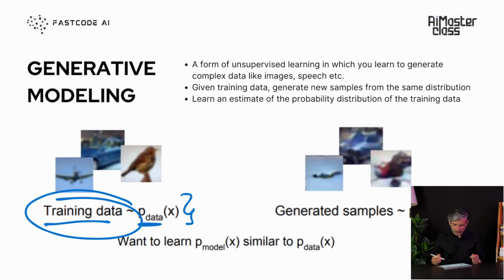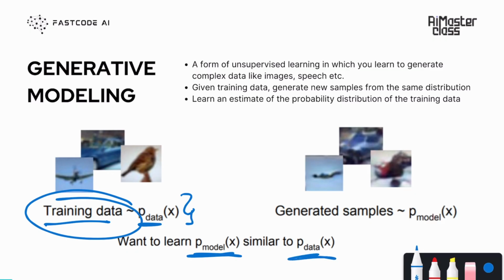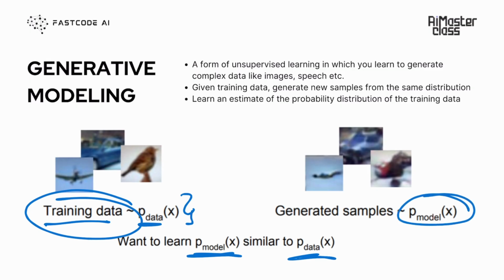And what we want to do is learn a model, P model of X, which is as similar as possible to P data of X, such that we can then sample from that model. So ideally we want to learn a model, P model of X, which is similar to P data of X, and we'll then be able to sample from this distribution, meaning generate samples from the distribution P model of X that we learned.